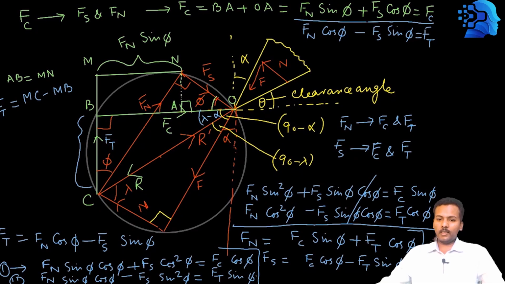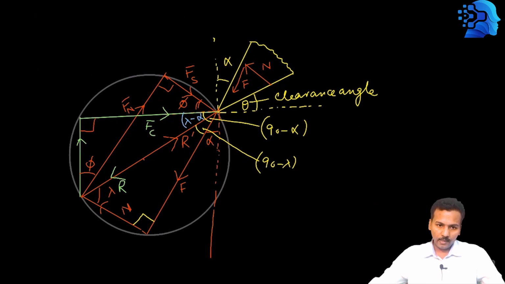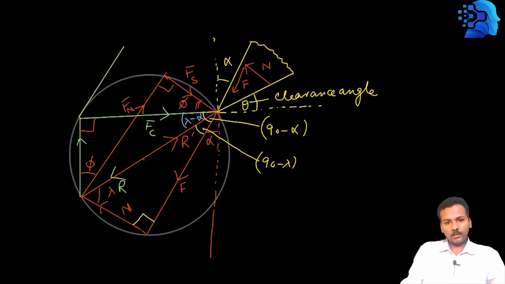In the previous slide we applied a trick to calculate the relationship between the different forces. There is another way that you can calculate the value of Fn and the value of Fs in terms of Fc and Ft. Draw a parallel line from here and draw a parallel line along this Fs.